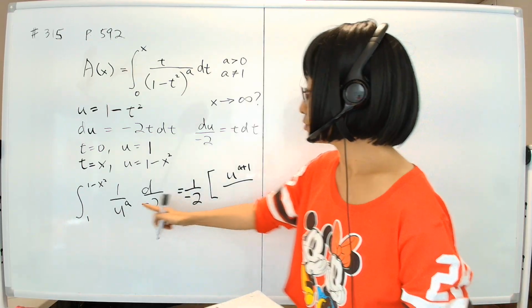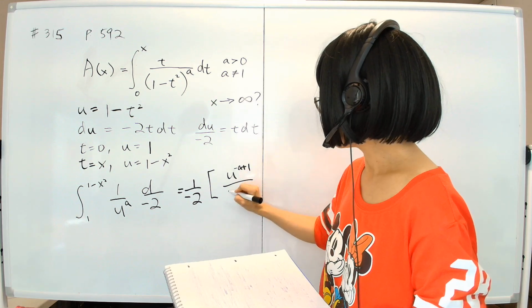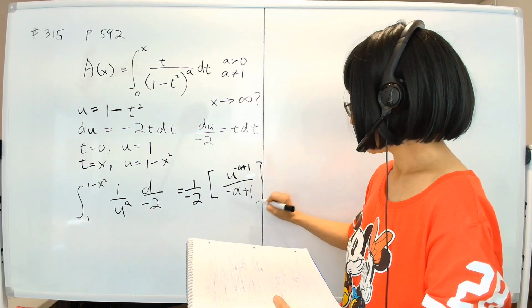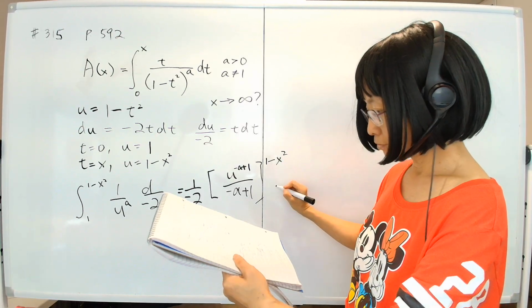Actually, wait a second. u is to the power of negative a, right? So it's minus a plus 1 divided by minus a plus 1. And then it will be evaluated from 1 minus x squared all the way down to 1.